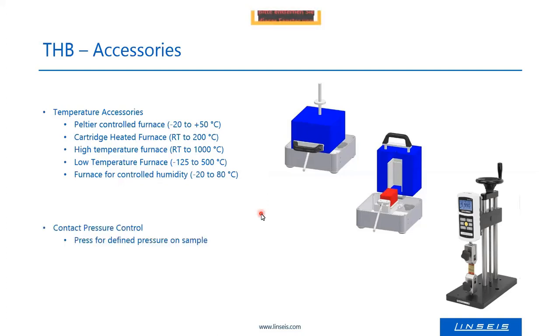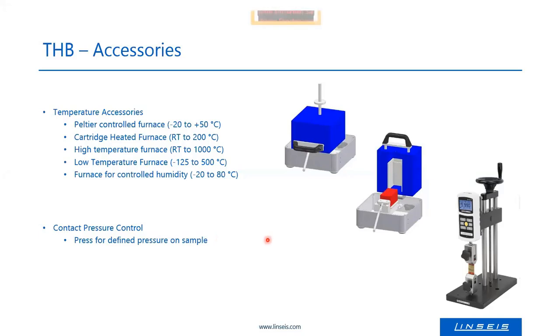Then we have developed some devices here on the right-hand side to apply a defined pressure on the sample. The pressure is measured also because you have to bear in mind that when you have compressible samples and you apply a pressure, then you change the density of your sample.